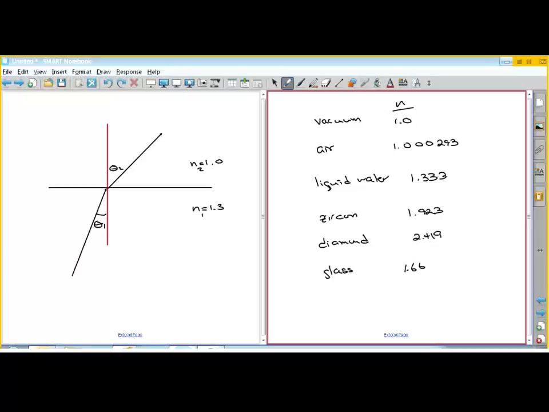This will be important later on relative to this internal reflection. The higher the index of refraction, the more likely you are going to have internal reflection of more of the light. So what happens is basically the light gets in there and then it bounces around and then it comes out and it sparkles. So that's the sparkling thing. Anyway, those are some examples. You can look at some more of them on page 738 in your book.